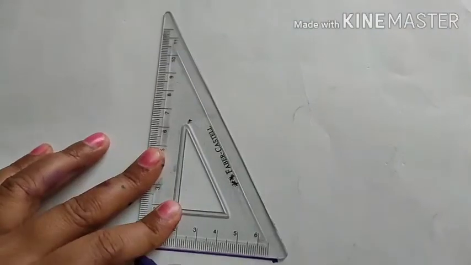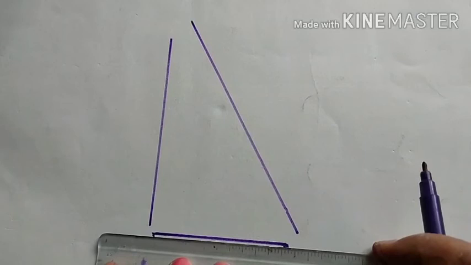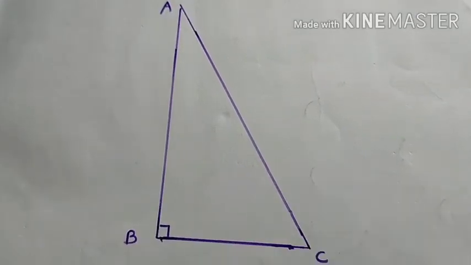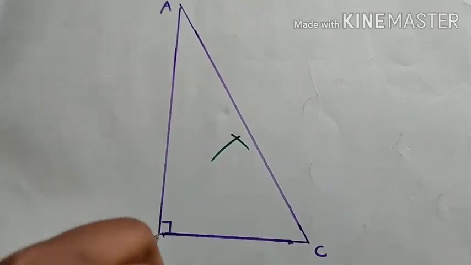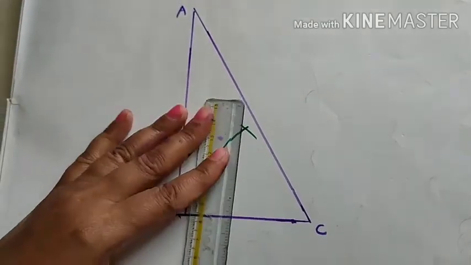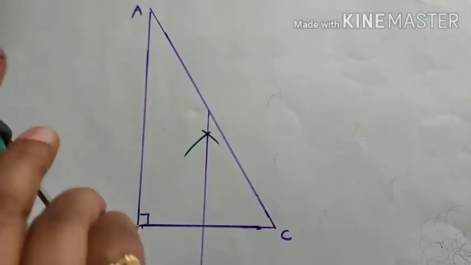The circle passing through the three vertices is called as circumcircle. Now we will find the place of circumcenter in case of right angled triangle. Triangle ABC is drawn here, which is right angled triangle.